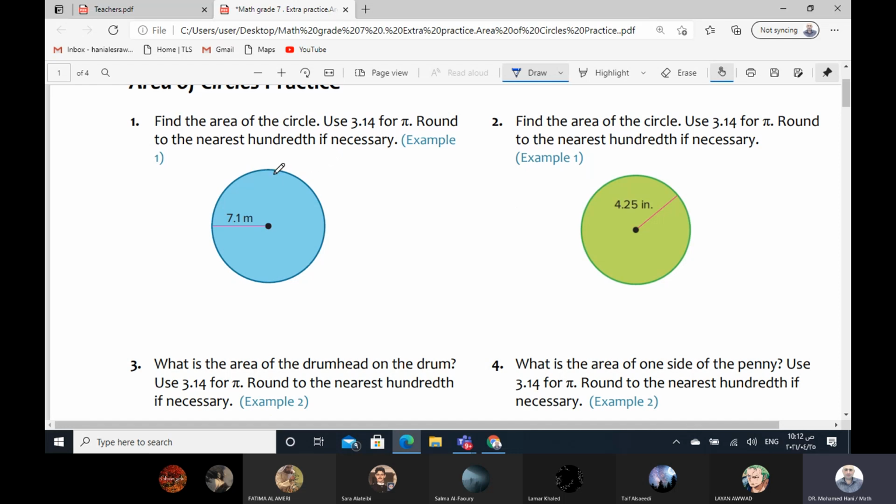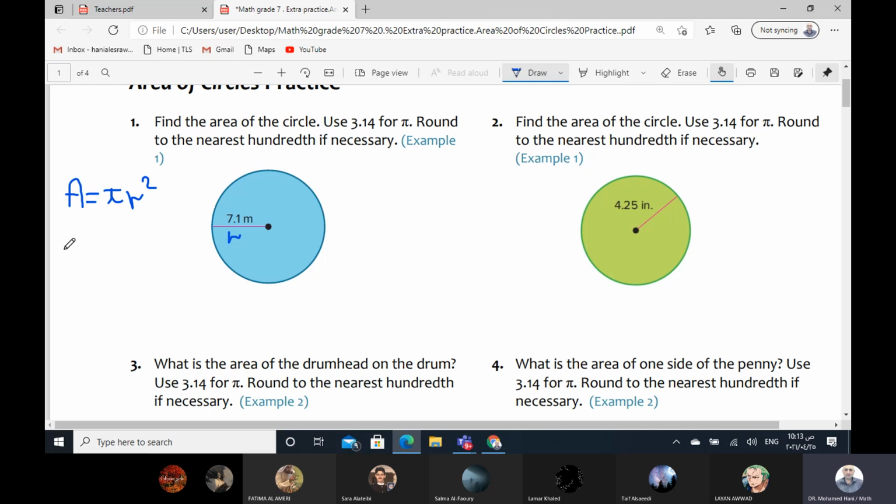Look at the figure. We have here the radius, the red line between the center of the circle and the point on the circumference of this circle. So the first step, write the formula: A equals pi r squared.